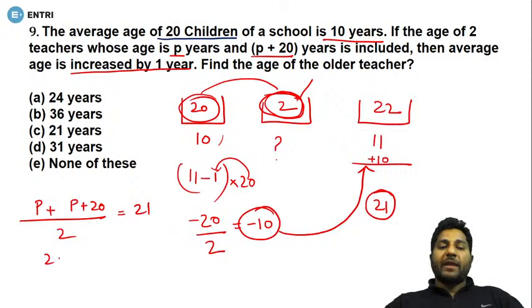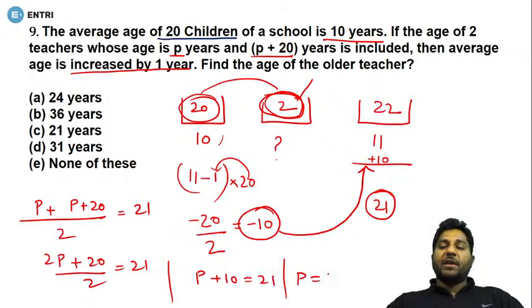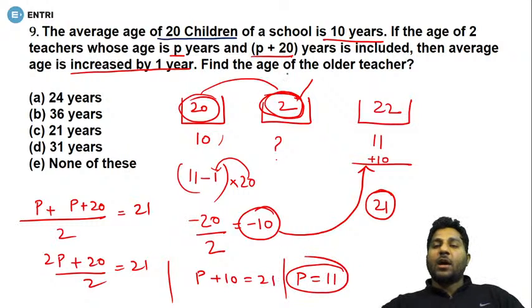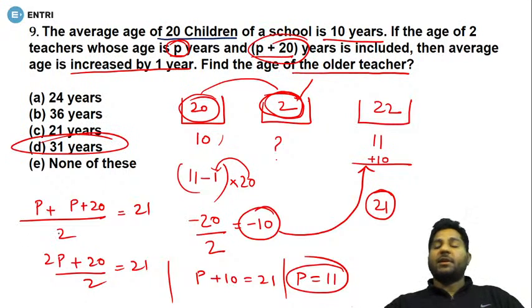So we can write 2p plus 2 divided by 2 equals 21. That means the value of p plus 1 equals 21, so the value of p equals 20. Now find the age of the older teacher. So the younger teacher was 20 years, while the older teacher will be 22 years of age. So your option D will be the correct one.